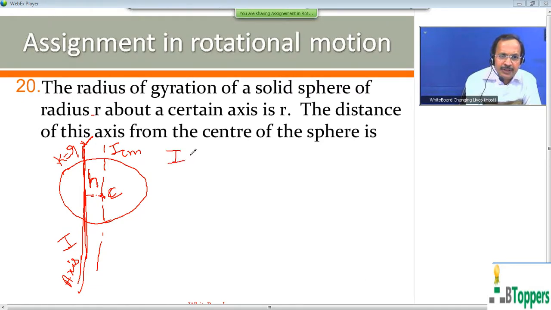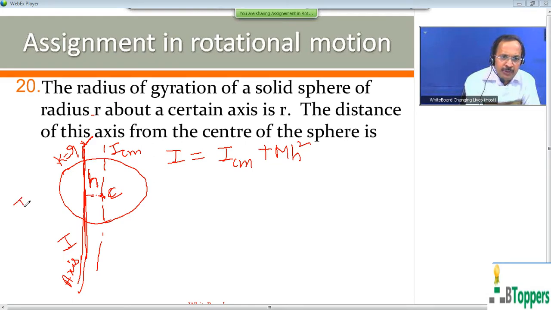According to the parallel axis theorem, moment of inertia of a rigid body about any axis can be written as its moment of inertia about the parallel axis passing through its center of mass plus product of the mass of the body and square of the perpendicular distance between the two axes.